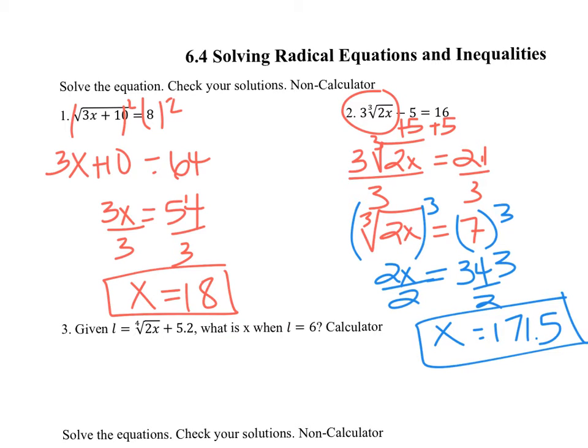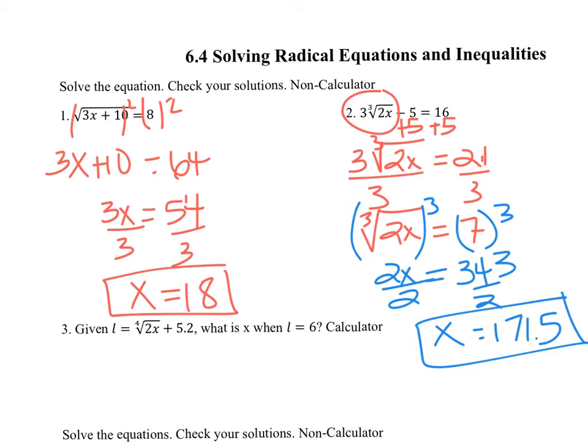Okay? Now, how can you check your solutions? Because it does say to do that. Basically, you're just going to replace x with the number that you got it equivalent to. So in the first one, x equals 18. Okay. Go ahead and plug in 18, which gives you 64, and square root of 64 is in fact 8.